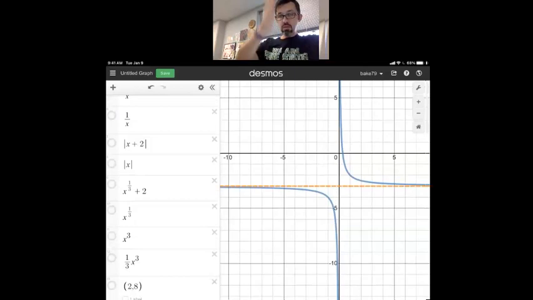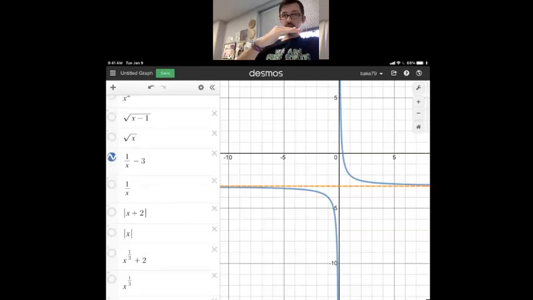The vertical asymptote is still the y-axis, but now the line y equals negative 3 is my new horizontal asymptote. It had been the x-axis, but putting that minus 3 on the function shifted it down 3 units. So we don't have a center to this graph, because there's no point at the center since it doesn't touch, but we can use those asymptotes to help us see where things have shifted.